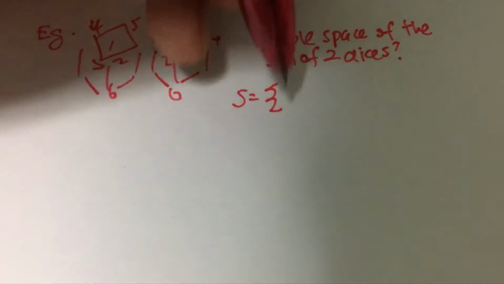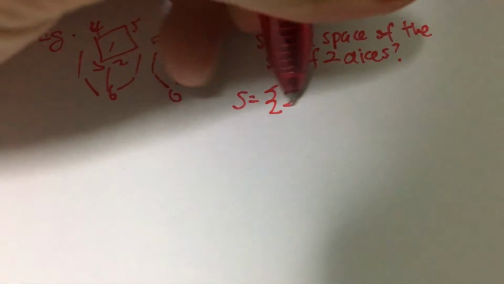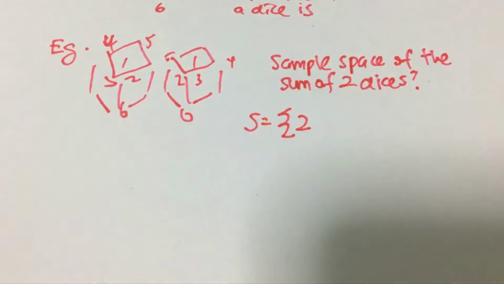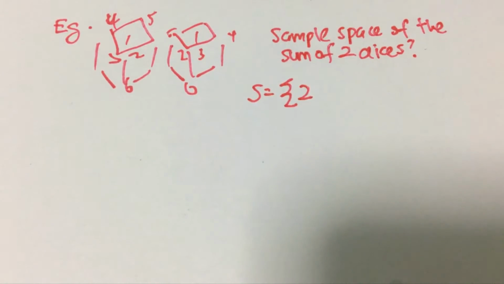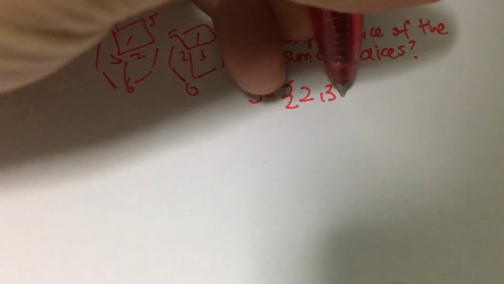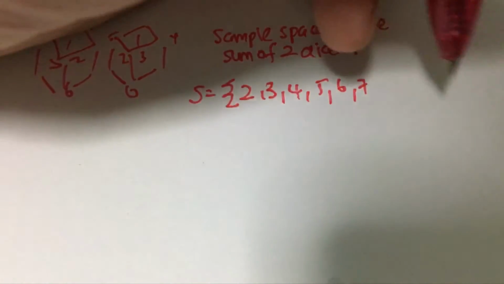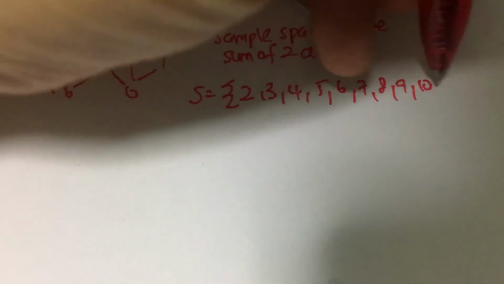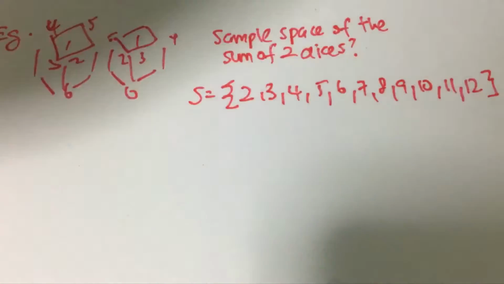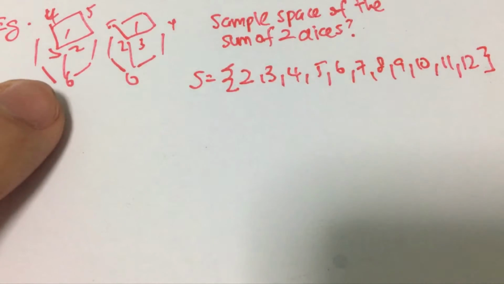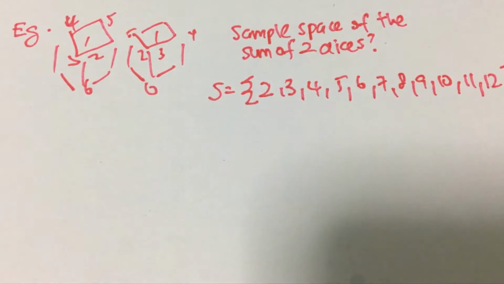The sample space of the sum of 2 dice starts from 2, because the minimum value that you can get from these 2 dice when you add them together is 2, and then 3, 4, 5, 6, 7, 8, 9, 10, 11, and the maximum value you can get is 12, and that will be if you roll 2 sixes.